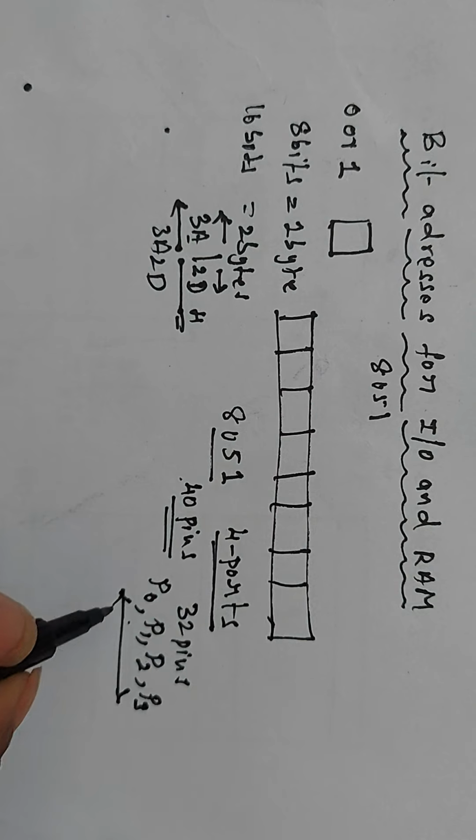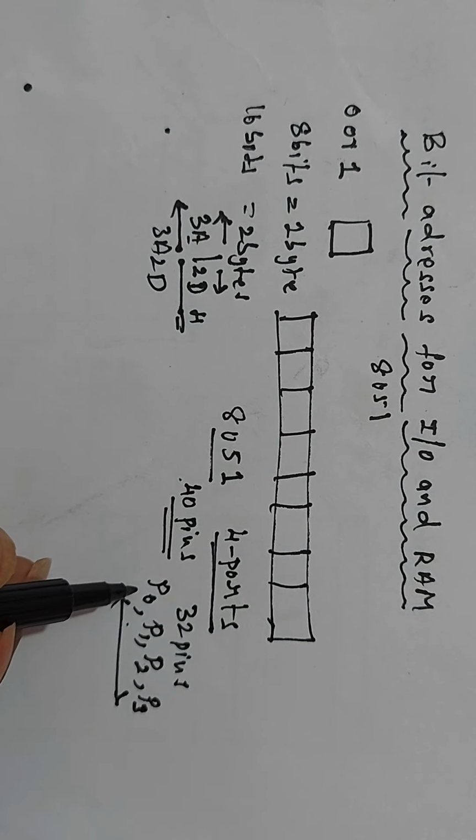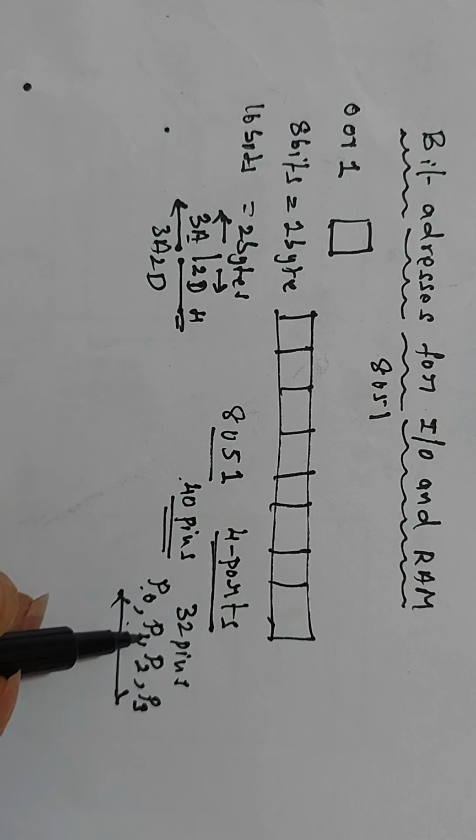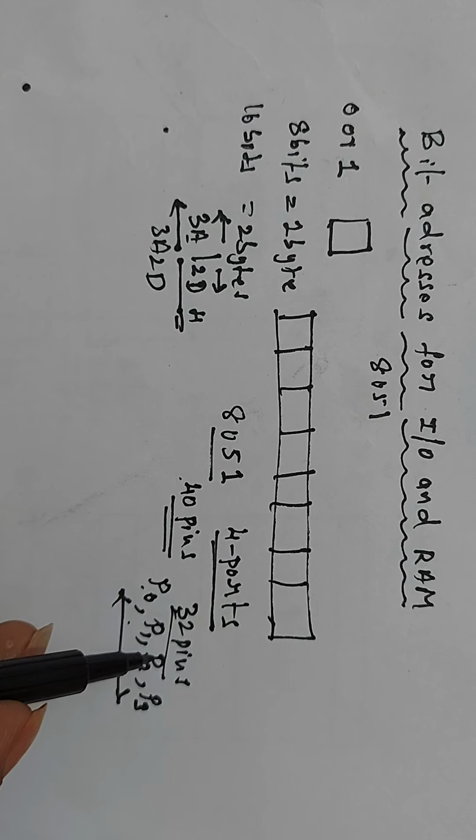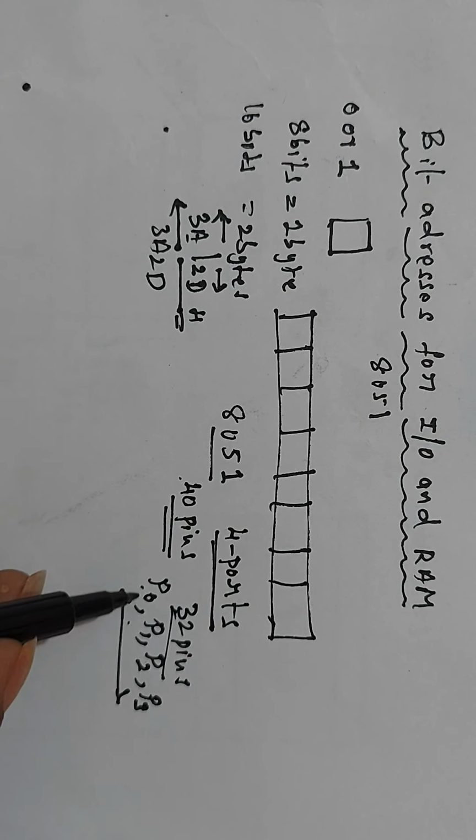There are 4 ports. Each port is 8 bit. Therefore, 4 ports into 8 equals 32 pins. So each port can accommodate 1 byte. 1 byte is 8 bits.